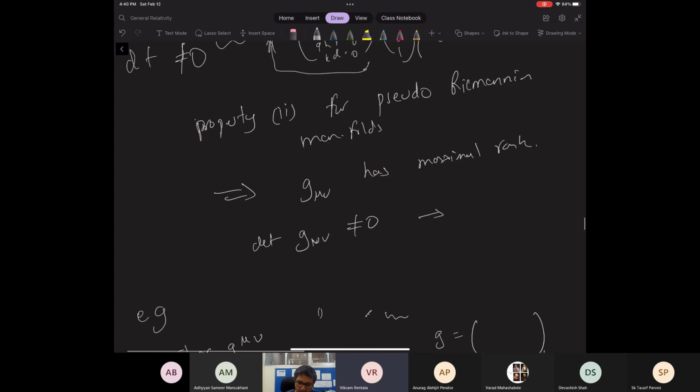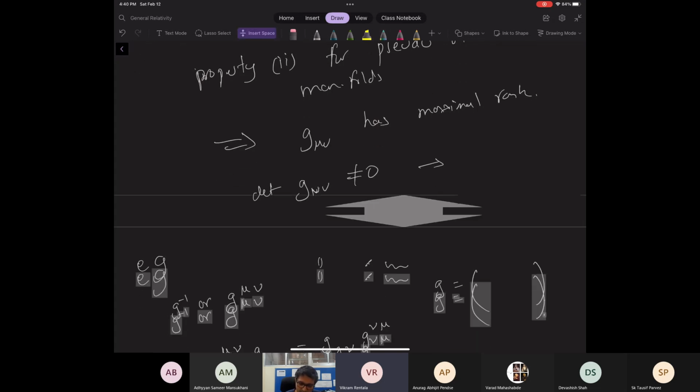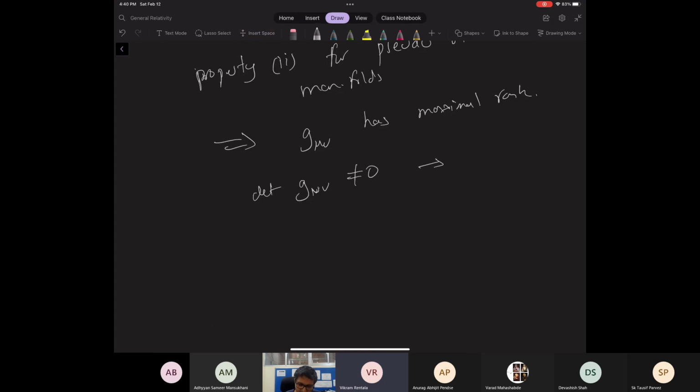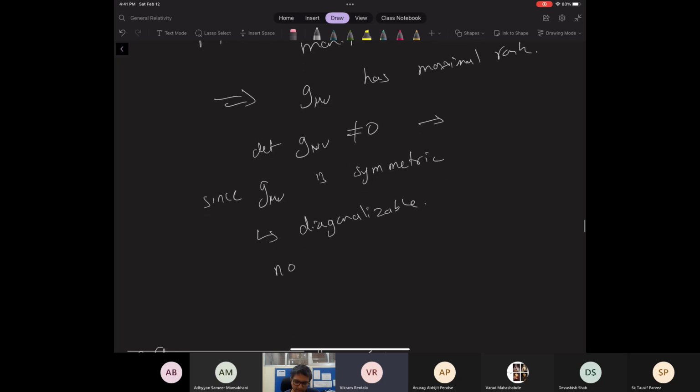Since G mu nu is a symmetric matrix, this comes from the first property, you can always diagonalize it. It's diagonalizable. And the fact that the determinant is non-zero means that it has no zero eigenvalues.